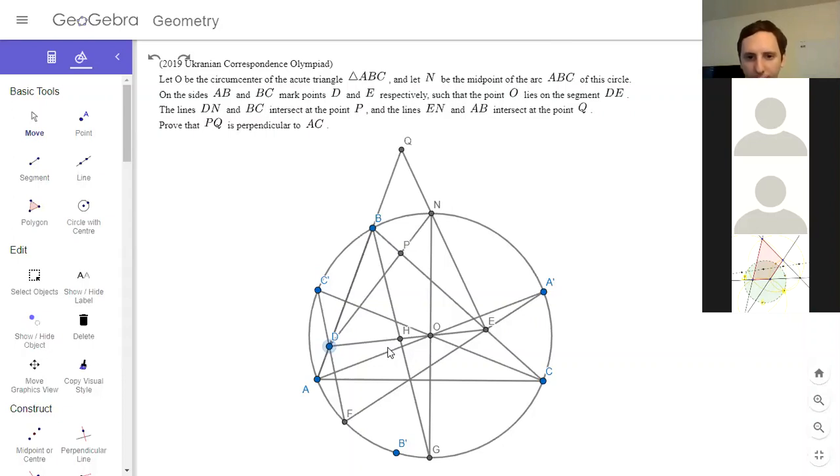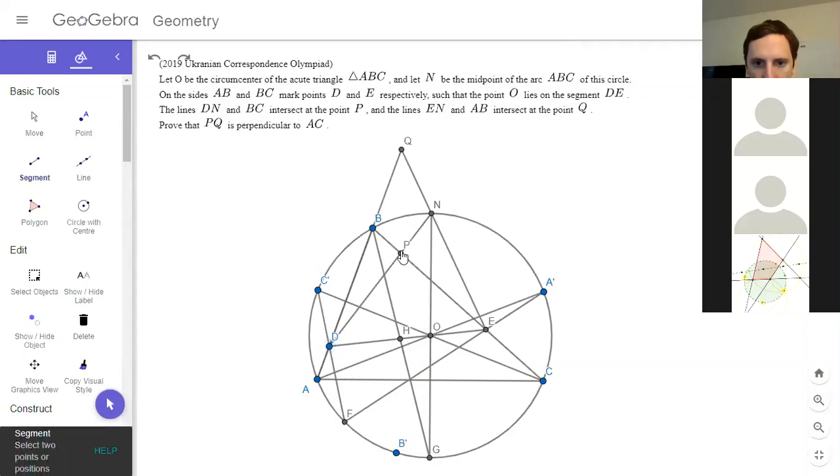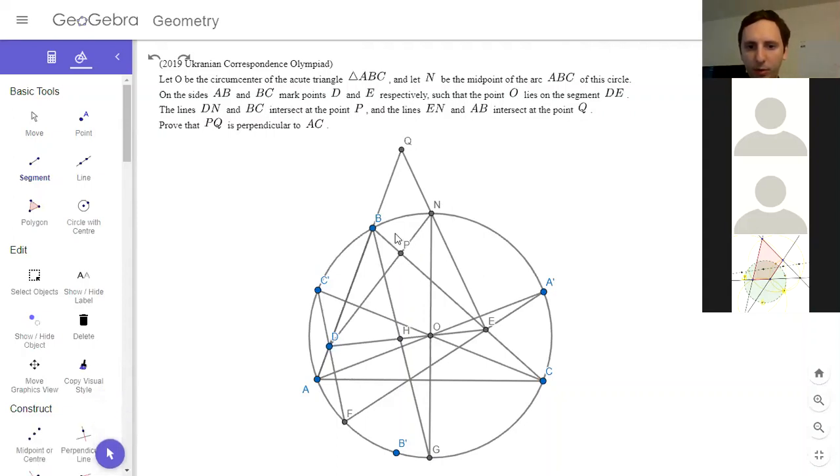I'm getting a little confused here. So O is the midpoint of NG. And we want to show PH is parallel. So basically PN, PG, PO, and the point at infinity are in harmonic conjugation.